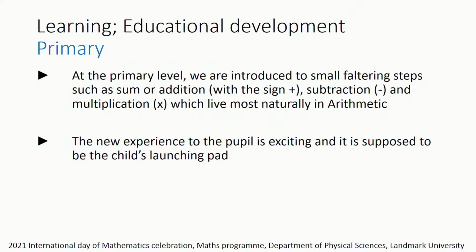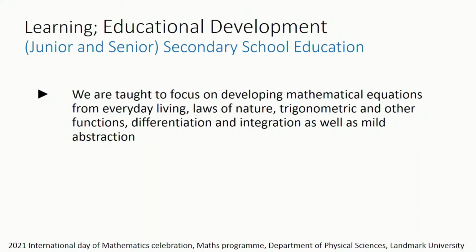So now we come to this educational development at the junior secondary and the senior secondary. The child is taught some mathematical equations. Equation in 1 variable, equation in 2 variables, and then he learns how to solve simultaneous equations.